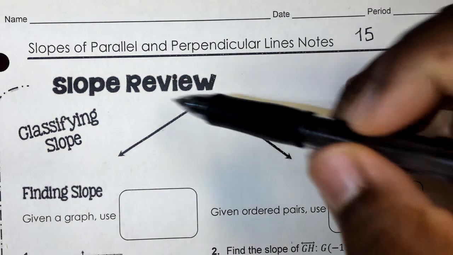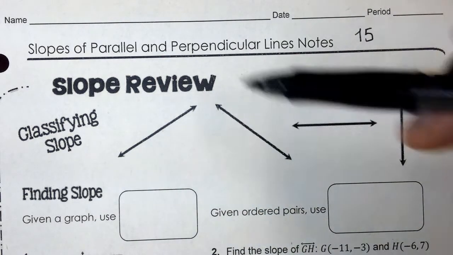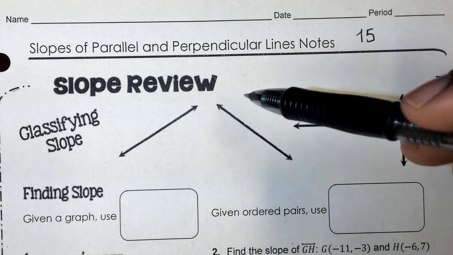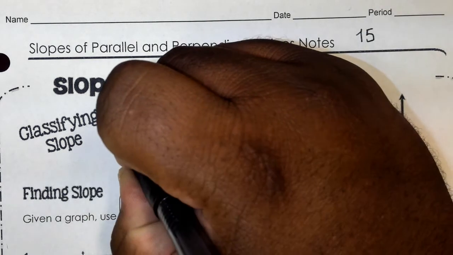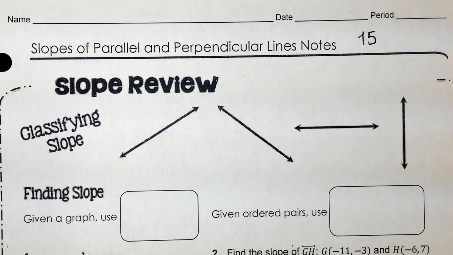Looking at this first line, and the way we read slope is from left to right, the way we read anything. From left to right, I see this line is going up. In that case, this line would have a positive slope.